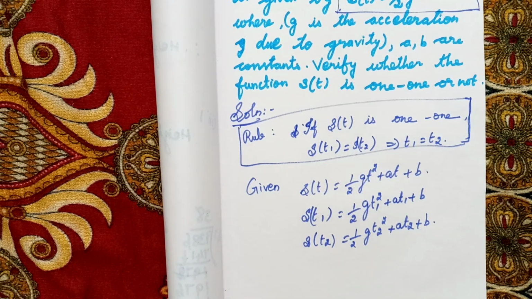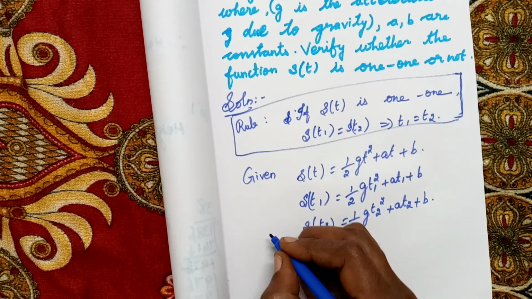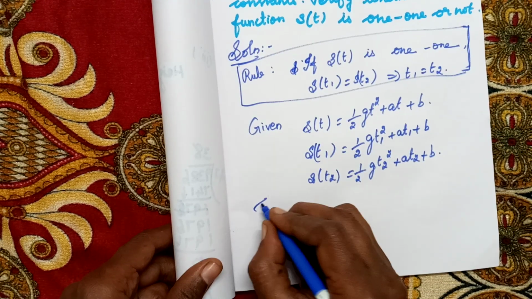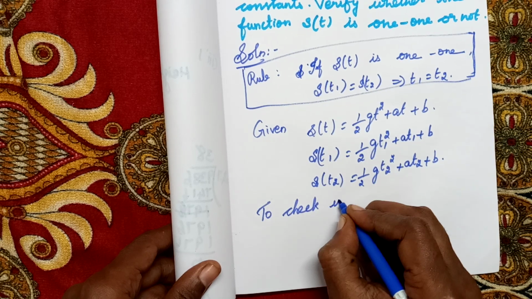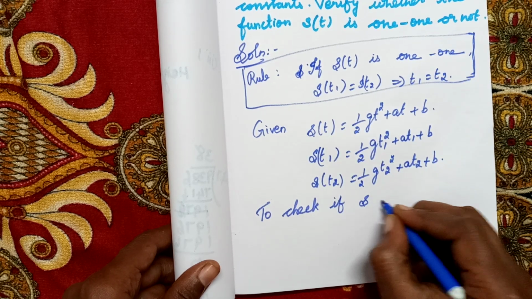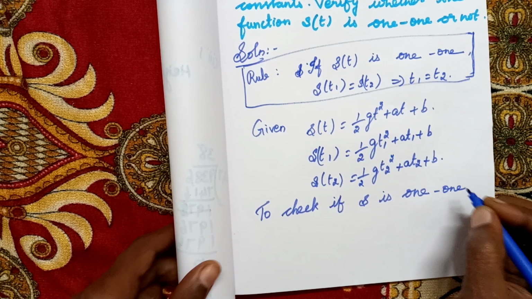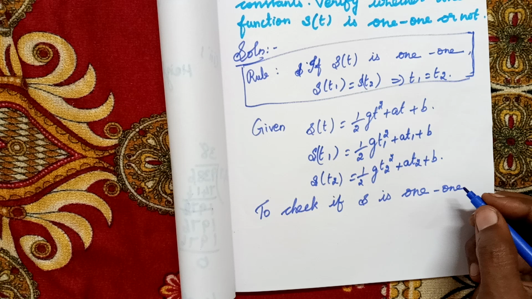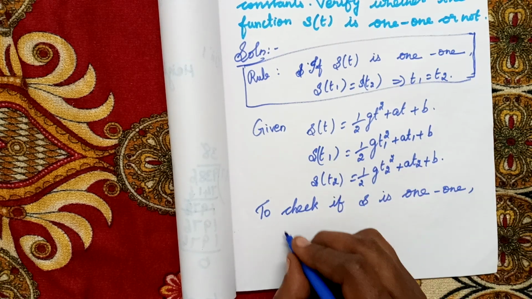To check if S is 1, 1, first we have to assume that S of t1 is equal to S of t2.